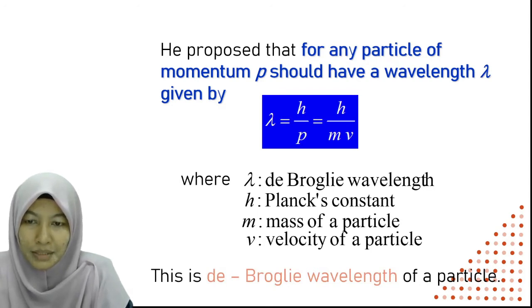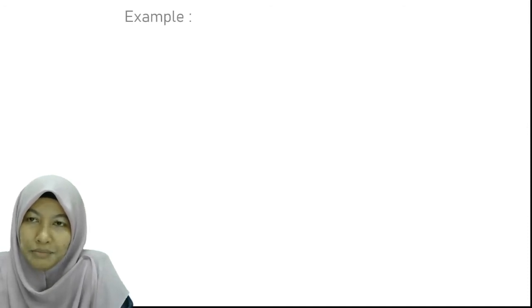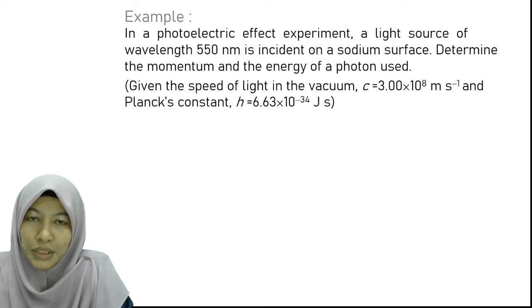So this wavelength is what we call the de Broglie wavelength of a particle. So look at the example of how to use the de Broglie wavelength.